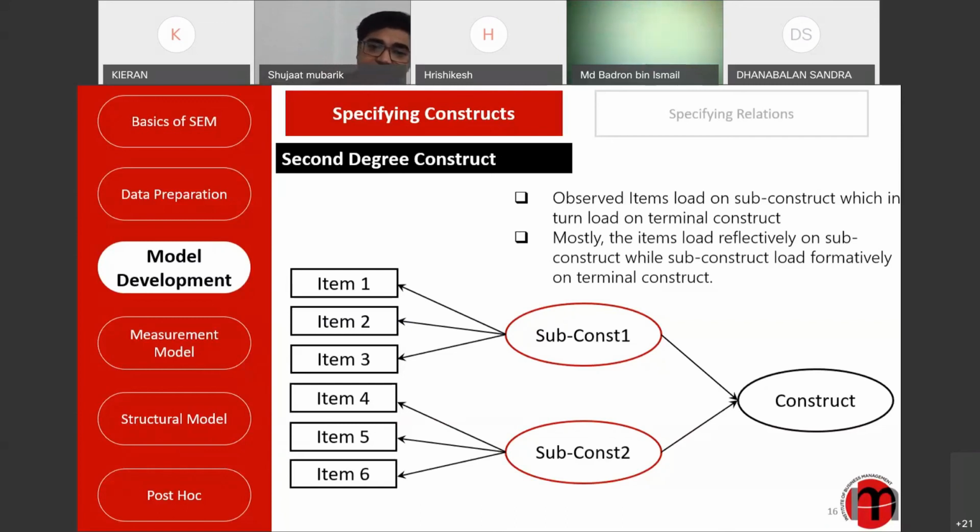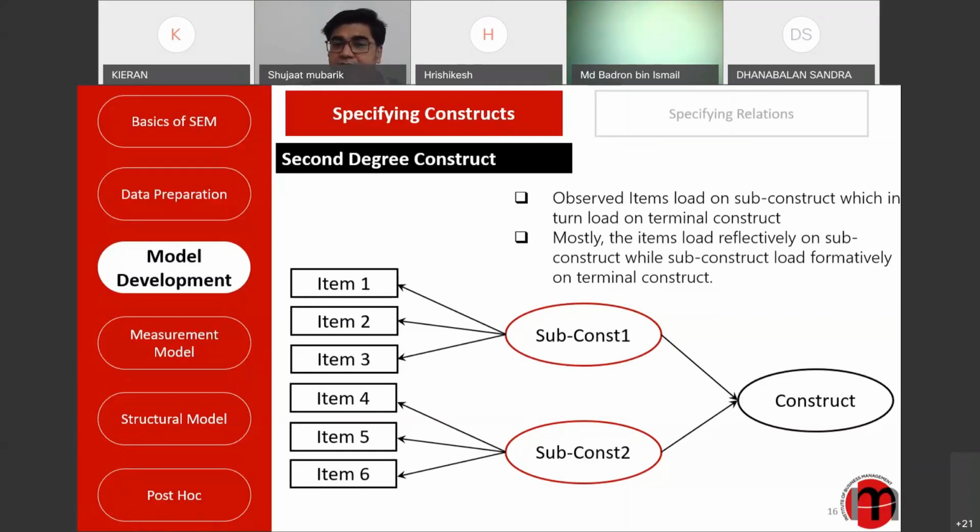But there could be another option. It could have been a reflective construct. In that case, the arrows would be directed from the construct towards the subconstructs, and then from the subconstructs to the items. In that case, even if the subconstruct does not have a proper factor loading, we could remove it.